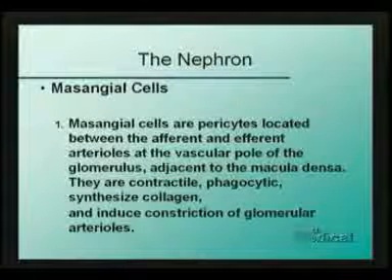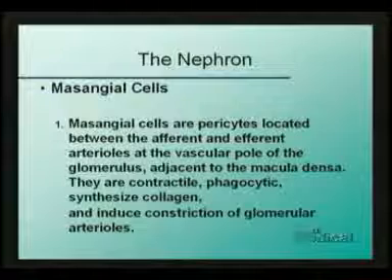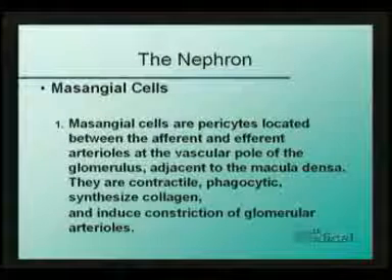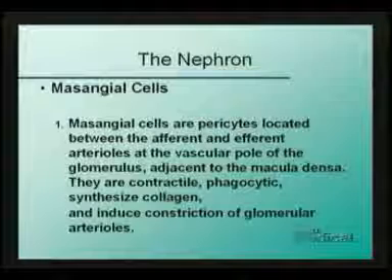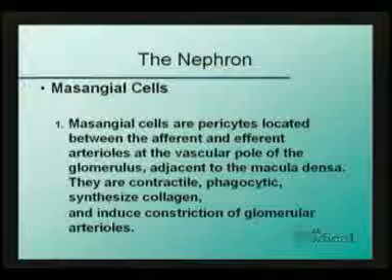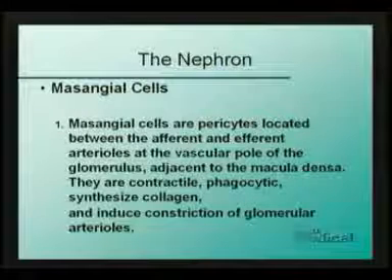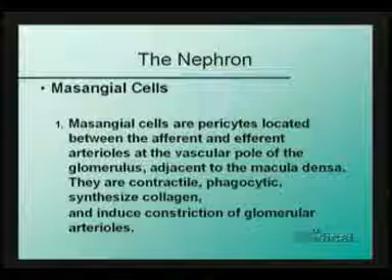So now this is a change in the notes. We identified these cells in the notes as being pulcescent cells, but now we know much more about them than was originally stated in the notes. These extra and intraglomerular mesangial cells, as we illustrated previously, are found between the afferent and the efferent arterioles near the vascular pole of the glomerulus.